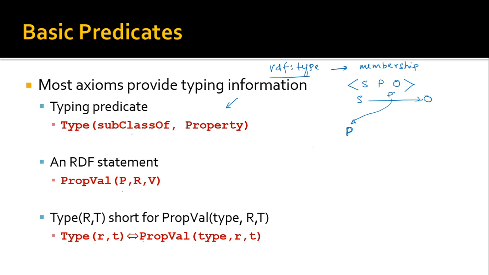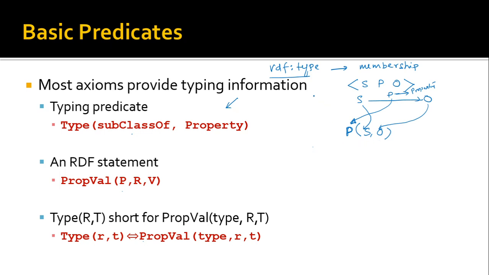From now on, I'll call this P a property, because we'll use the name predicate to represent a predicate in first order logic. Otherwise, things will be confusing. So this property is converted into the predicate name, and then you take S to be the first argument and O to become the second argument.